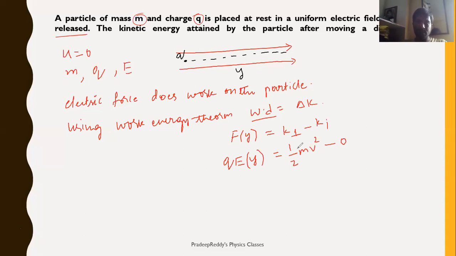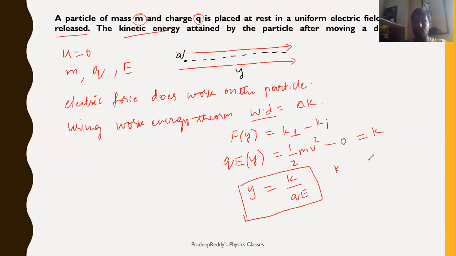Therefore, if I take half mv square as k, then y will be equal to k divided by q into E. This is the total distance traveled. But in the problem, you are asked to find out the kinetic energy. Therefore, kinetic energy is equal to q E y. This is the expression for the kinetic energy of the charged particle.